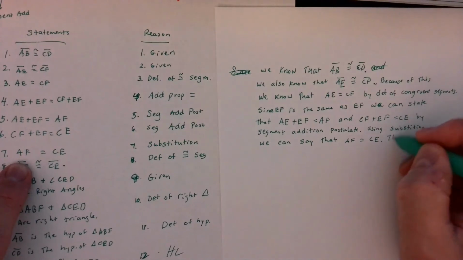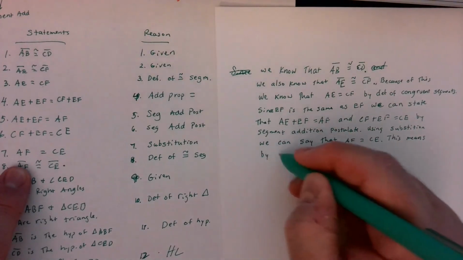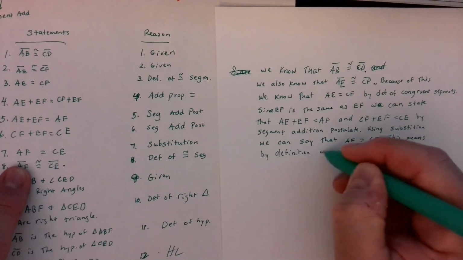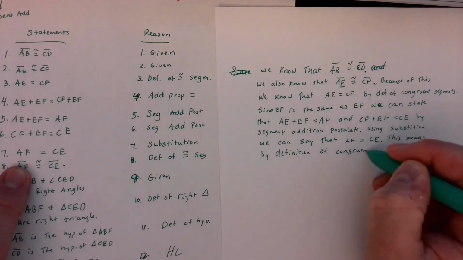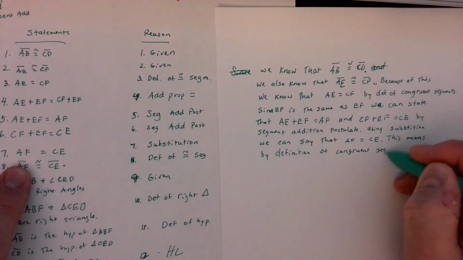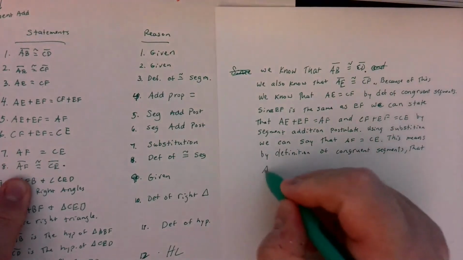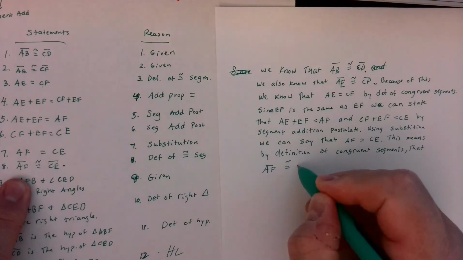This means by definition of congruent segments, that segment AF is congruent to segment CE.